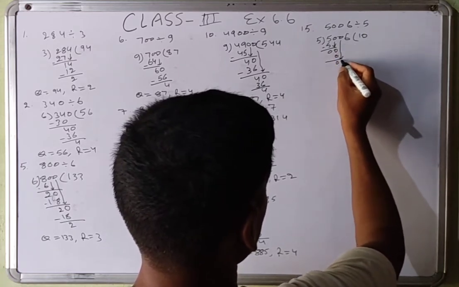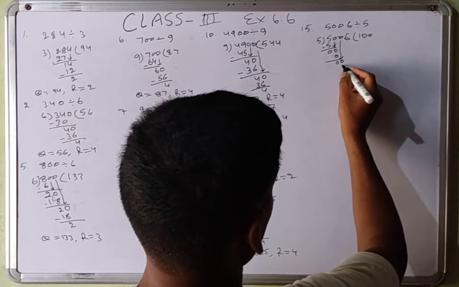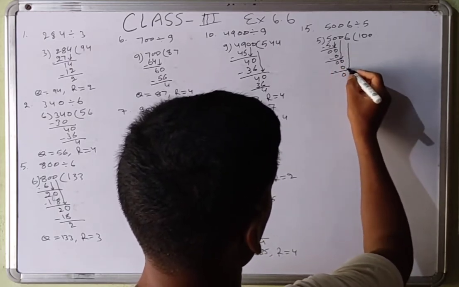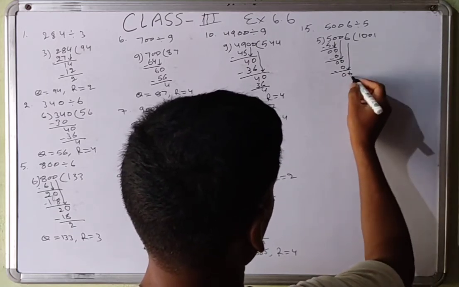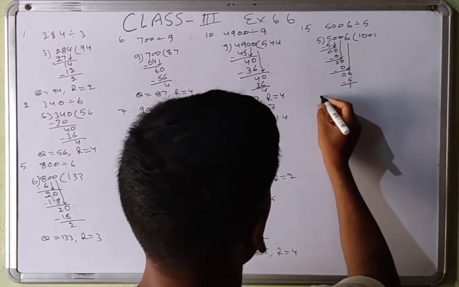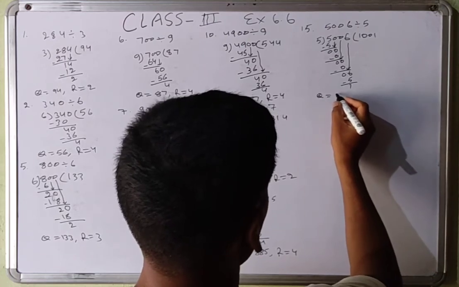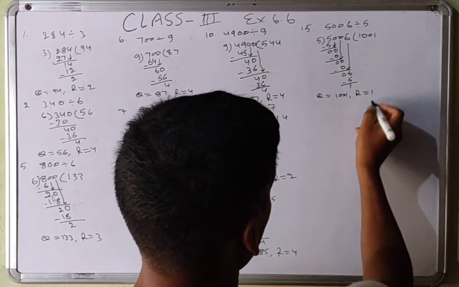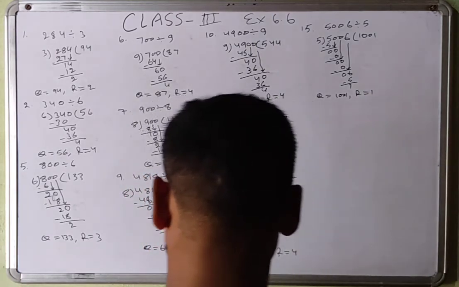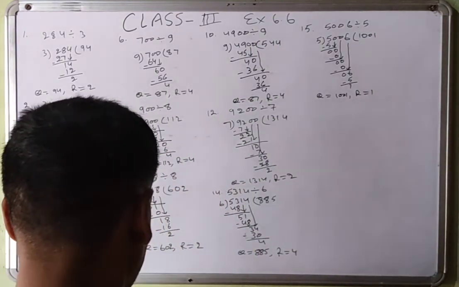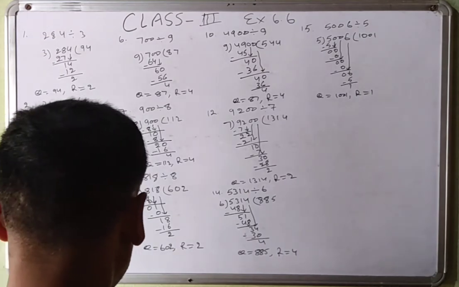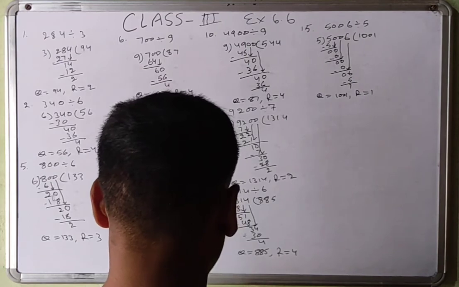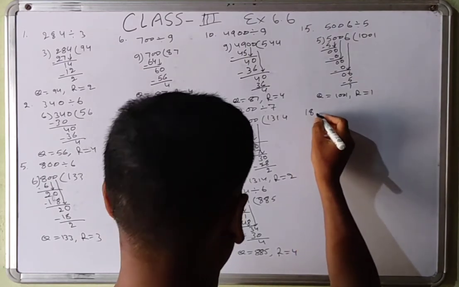The next digit is 0, then 0, and then the next digit is 6. 5 ones are 5, then 1. So the quotient is equal to 1001, and the remainder is equal to 1. This is question number 15. 16 you can do, 17 also.